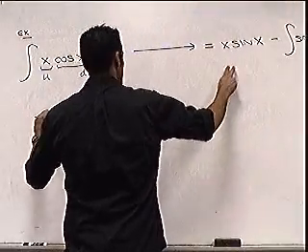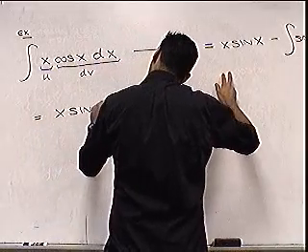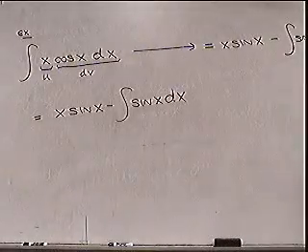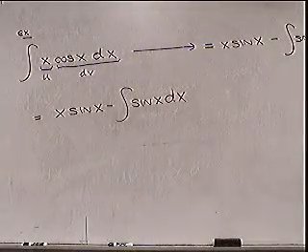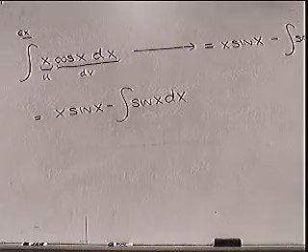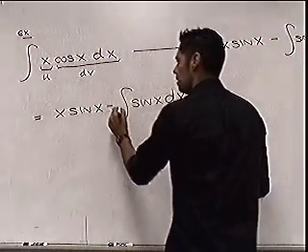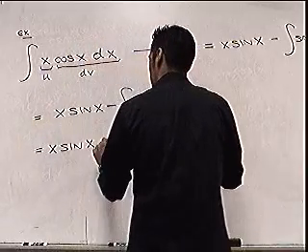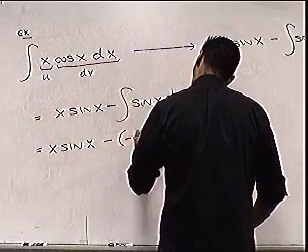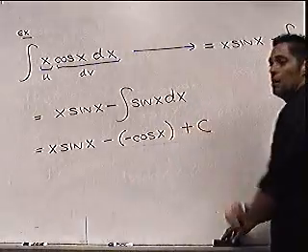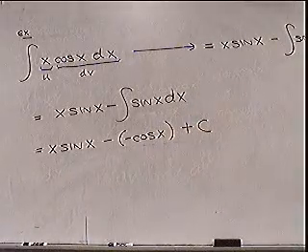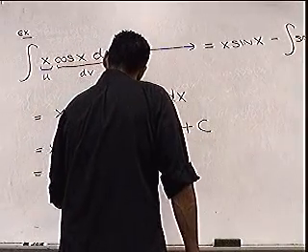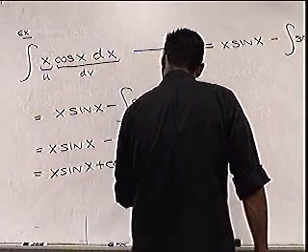So what we had here was x sine x minus integral sine x dx. And what's the antiderivative of sine x? Negative cosine x, right? So we have x sine x minus negative cosine x now plus c, okay? Which is x sine x plus cosine x plus c.